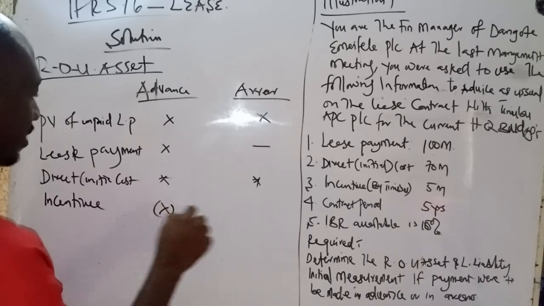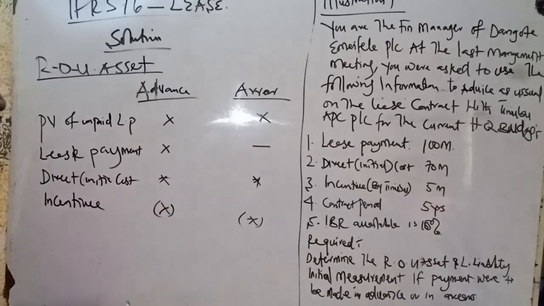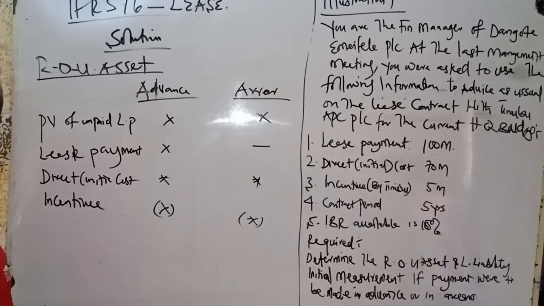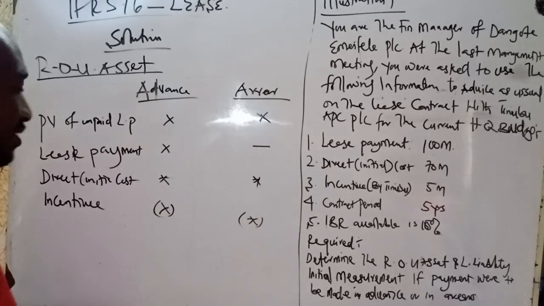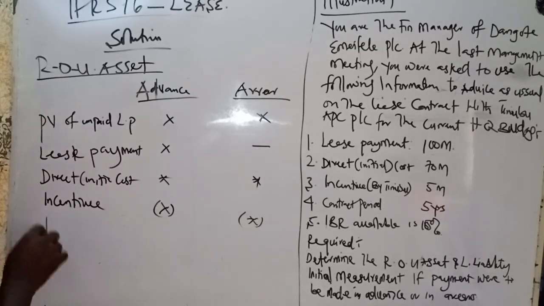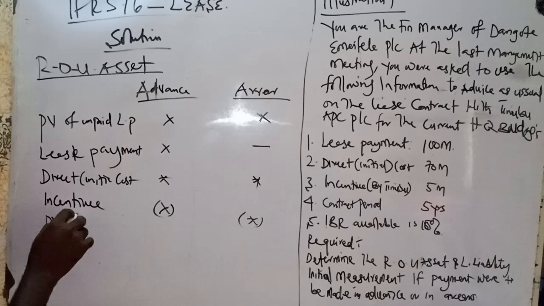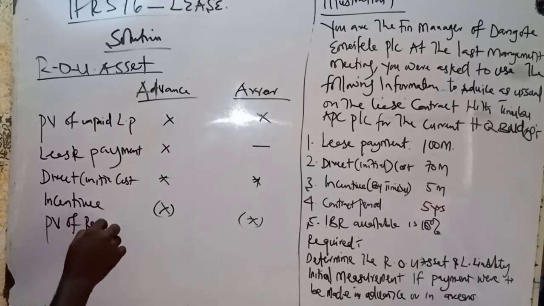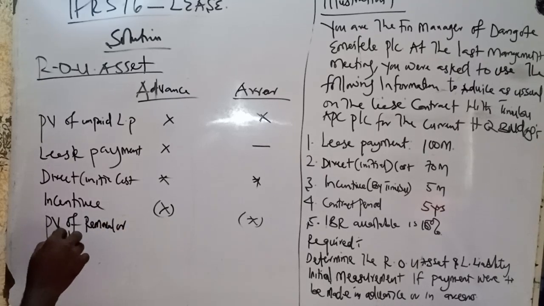Then if you have what we call cost of removal or cost of bringing the asset back to the initial stage, you bring it here, and that will be the present value of removal or restoration cost.